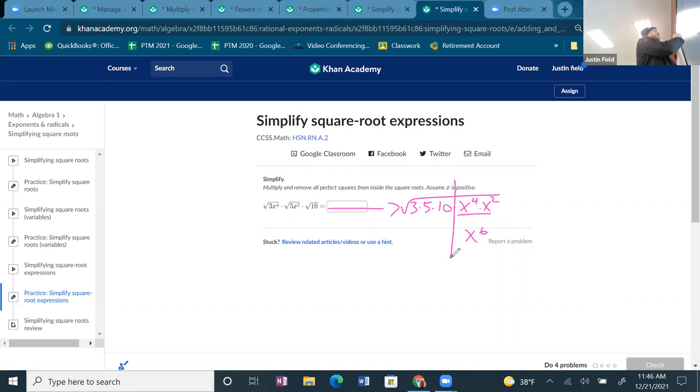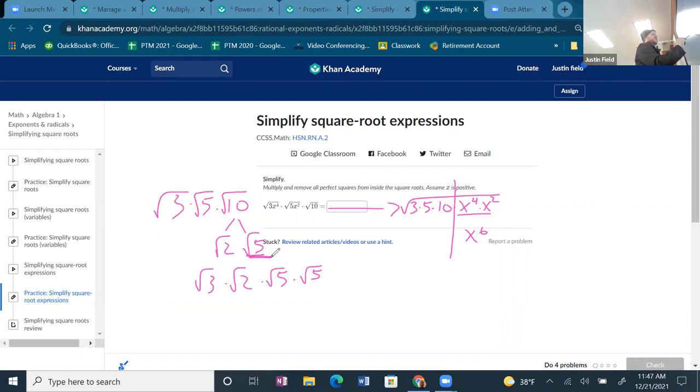And let's talk about the 3 times 5 times 10. The square root of 3 times 5 times 10. The square root of 10 is the square root of 2 times the square root of 5. But now I have this written as root 3, root 2, root 5, root 5.